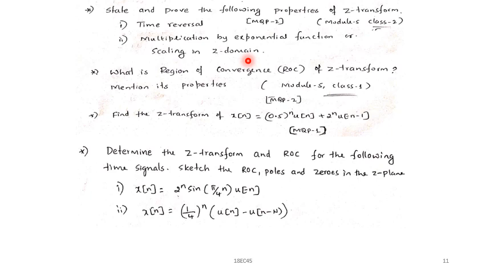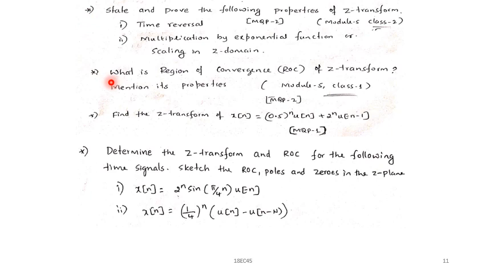Time reversal, you know, is x of minus n, whose z transform is x of 1 by z, and scaling in z domain you can take the equation as a to the power n into x of n, whose z transform is x of z by a, or alpha, same. So this is a theory question.